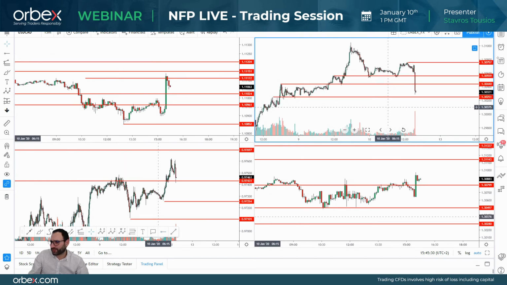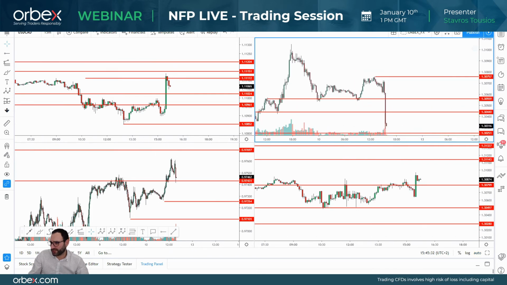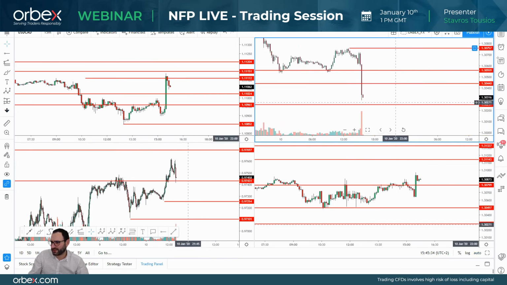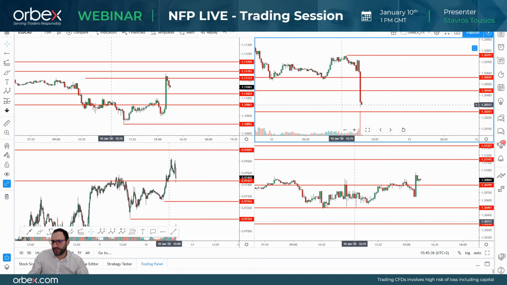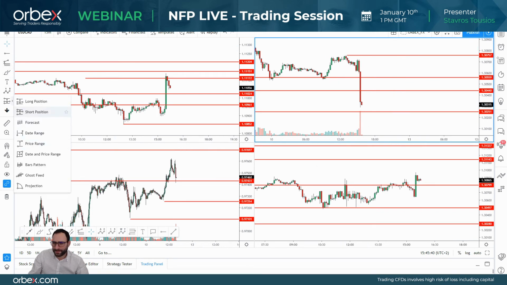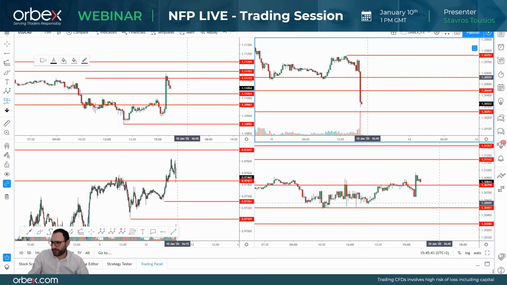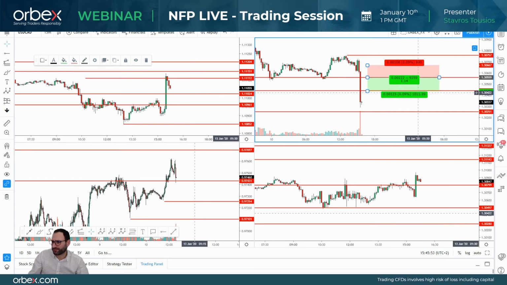Now, let's look at this potential opportunity. How would that have reflected in our accounts potentially? So let's go for a short over here. Entry price would be there. Our first take profit would be over here, which is some 12, 13 pips or so.